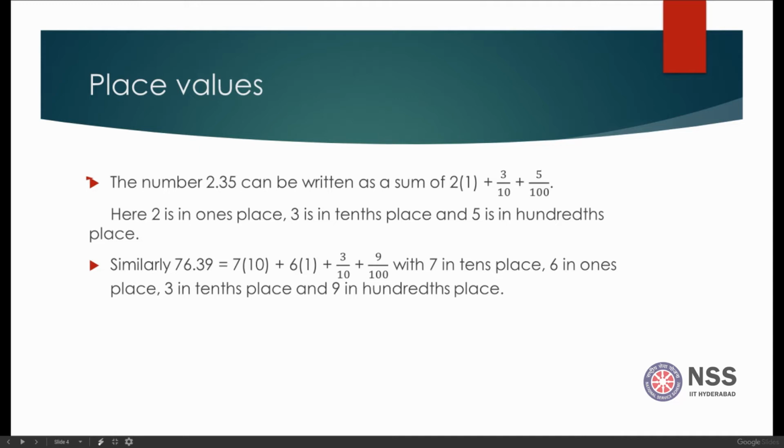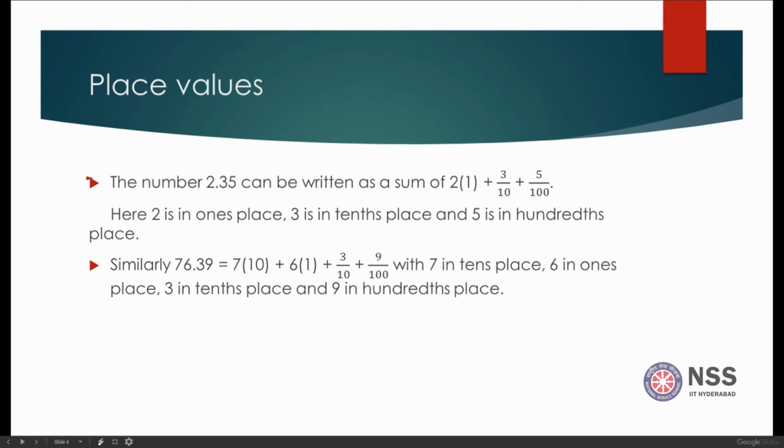From the concept of tenth, I know that 0.3 is basically 3 by 10, and 0.05 is 5 by 100 from the concept of hundredth. So the place values are 2 into 1 plus 3 into 1 by 10 plus 5 into 1 by 100.